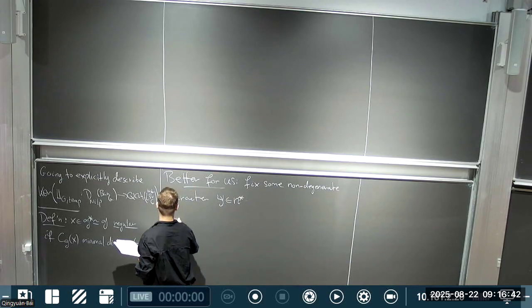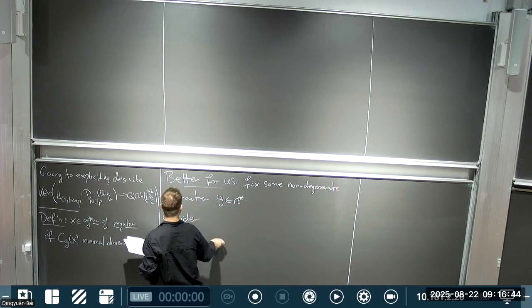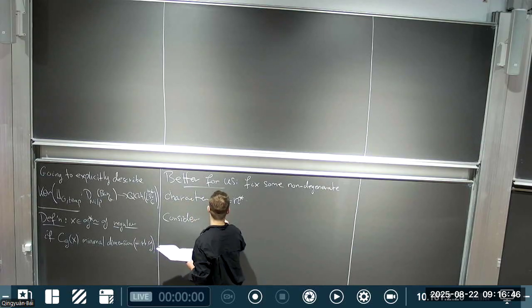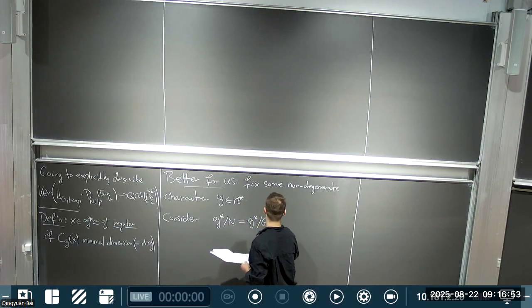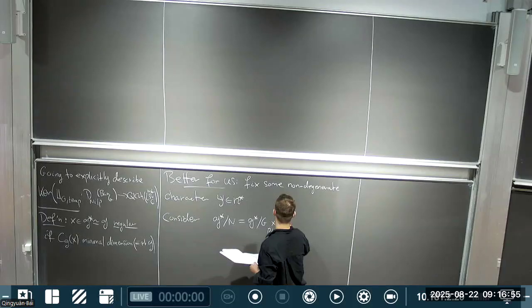And consider G star mod n, which we'll kind of think of as G star mod T base changed to point mod n.